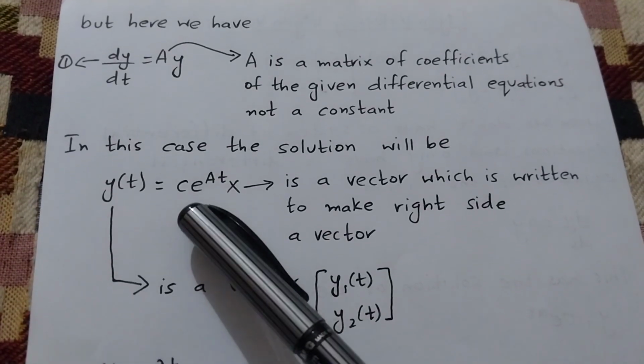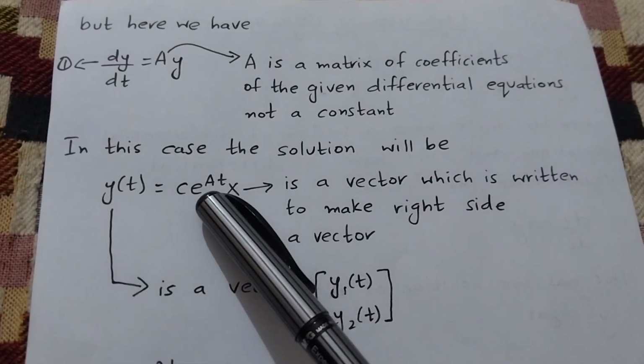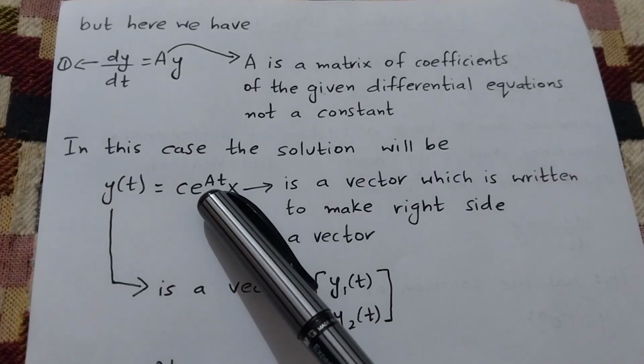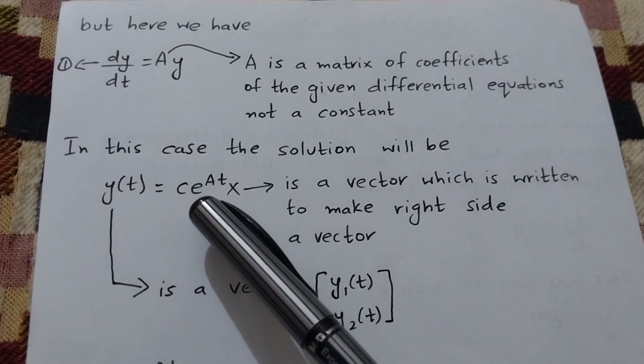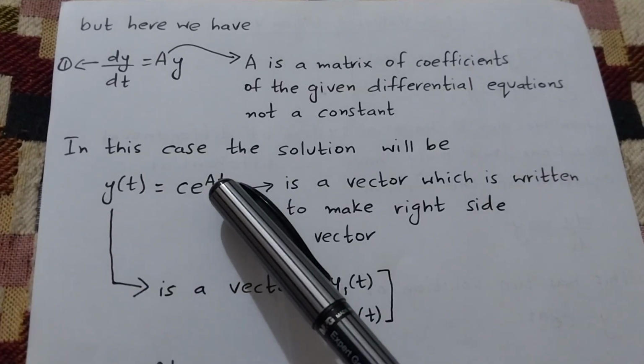The problem here is that the exponential has been raised to a matrix power. Capital A is basically a matrix of the coefficients of the given differential equations.